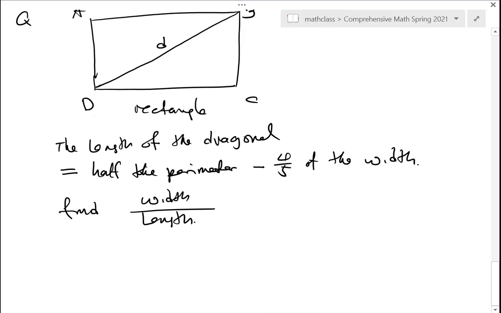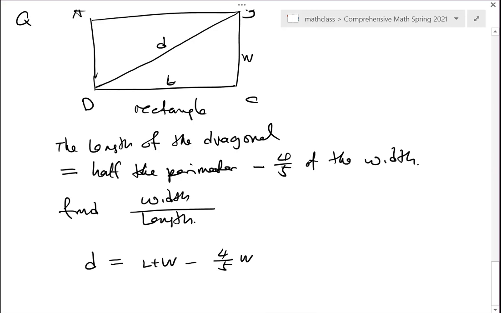So if this side I call L, and this W, let's write down the equation: D equals half the perimeter, L plus W, minus 4/5 of the width. That's the given information.